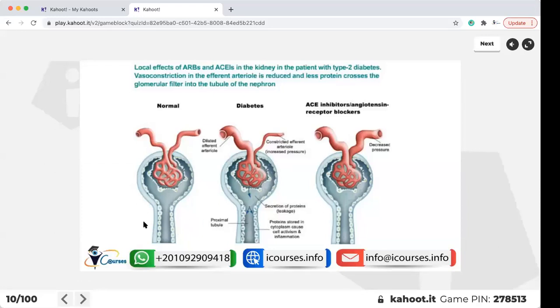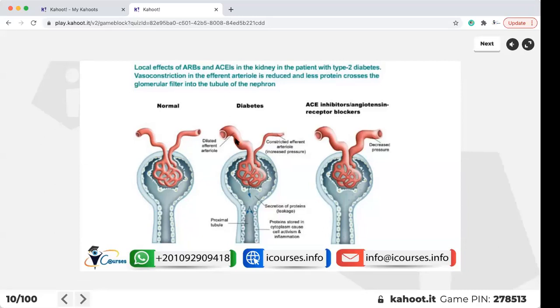So this is the basic structure of the glomerulus. There is the afferent arteriole, and then these are the capillaries within the glomerulus. Then the efferent arteriole. What happens in hypertension is that there is constriction of the efferent arteriole due to increased pressure.